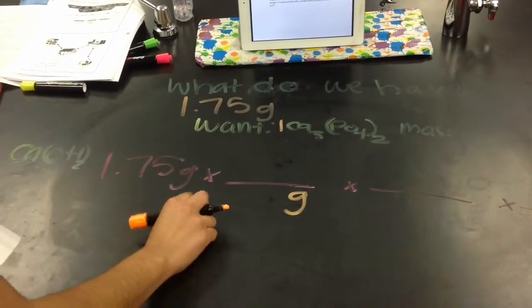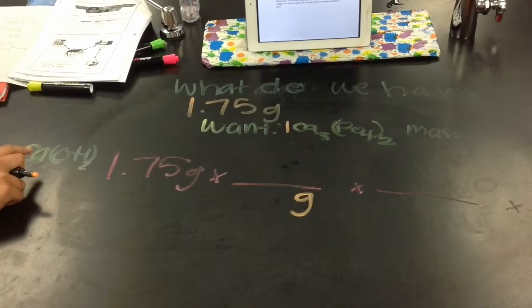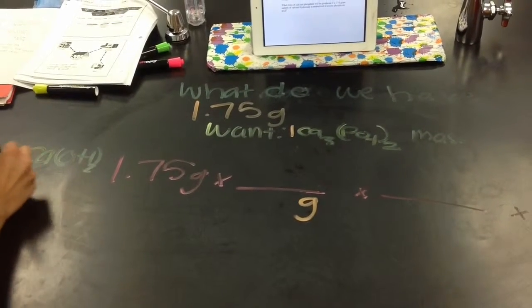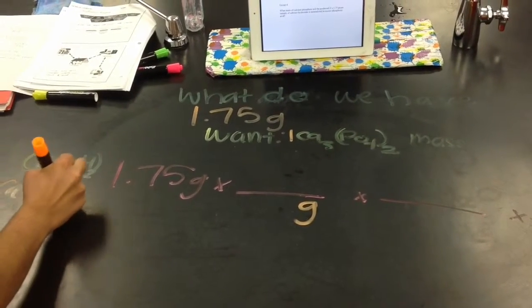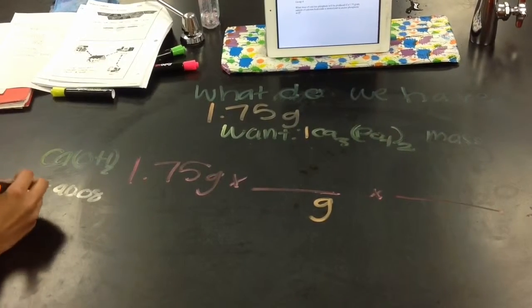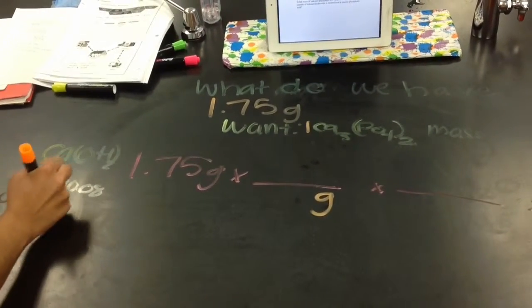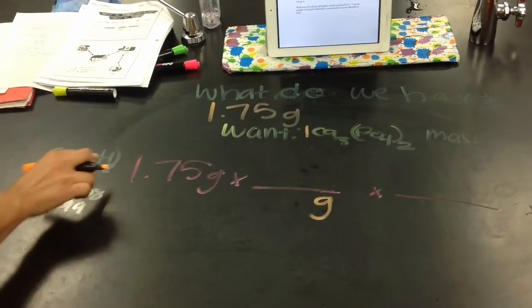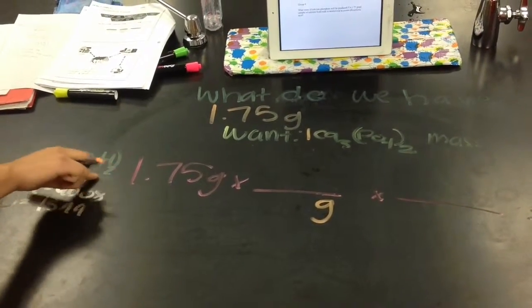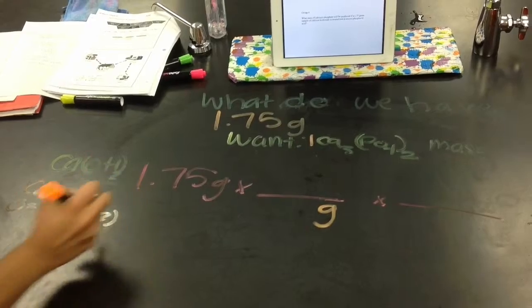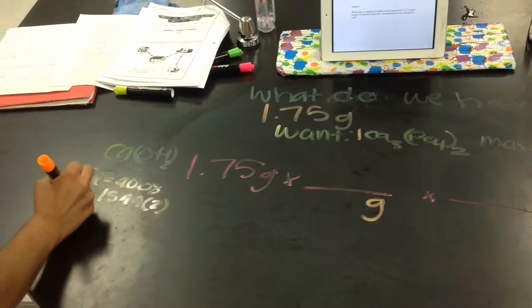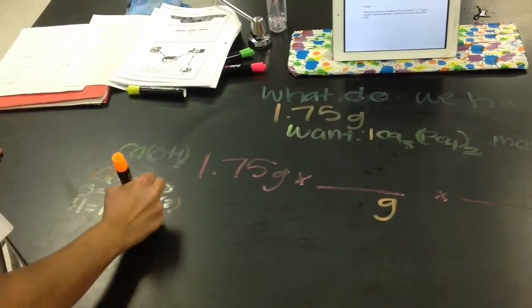So what we're going to do is find out the molar mass of calcium hydroxide. Calcium would equal 40.08, and this is all from the periodic table. Oxygen would equal 15.99. Now since we have OH twice, we distribute the 2 to each of them and multiply by 2, so hydrogen would equal 1.01 times 2.